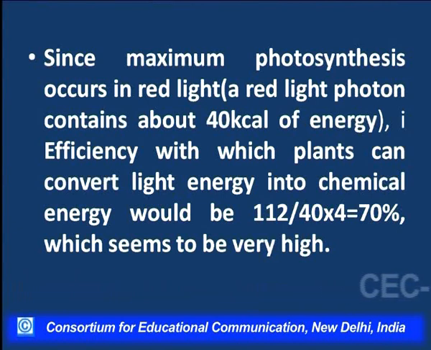Now 70% seems to be unbelievably high. We sincerely wish photosynthesis was 70% efficient. That would mean there would not have been any food crisis. The amount of matter fixed would have been tremendous. But it is not so.